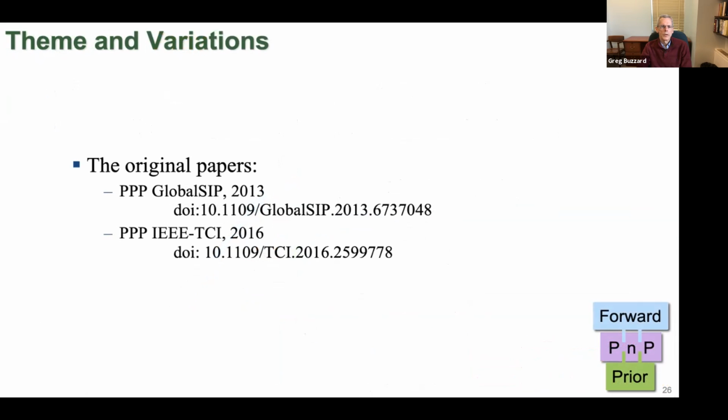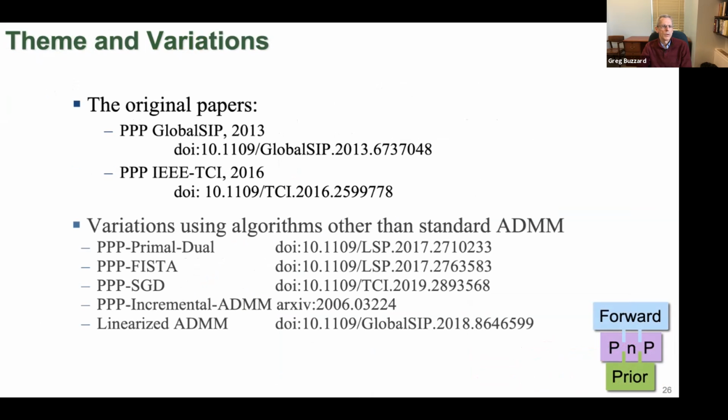So here are the original papers. There was a conference paper in 2013, and then our journal paper in 2016. There are a number of variations using algorithms other than standard ADMM. I mentioned that plug and play is in some sense a meta algorithm. You can take these other different kinds of optimization methods and apply plug and play priors to get a different variant of plug and play.